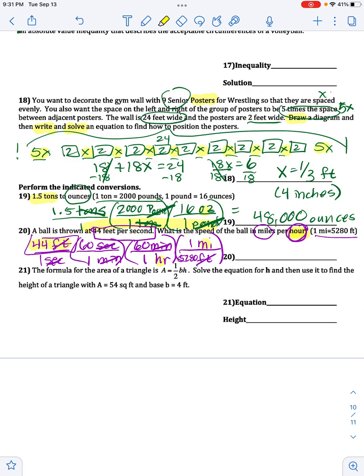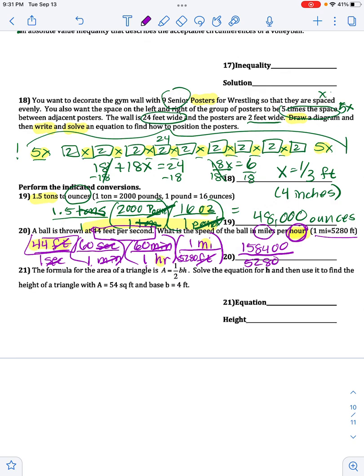So I'm going to deal with the number part. I'm going to take the entire top, 44 times 60 times 60 times 1 if it makes you happy. But ultimately, that won't change the value. So that's giving me 158,400 over, and now I'm going to do the bottom. The bottom is 1 times 1 times 1 times 5280, which is 5280.